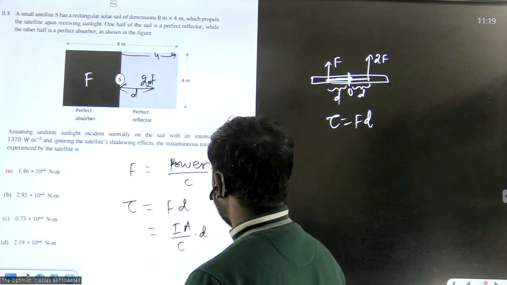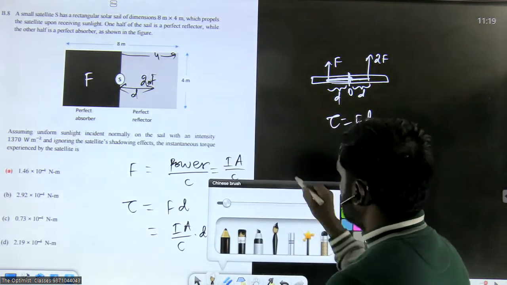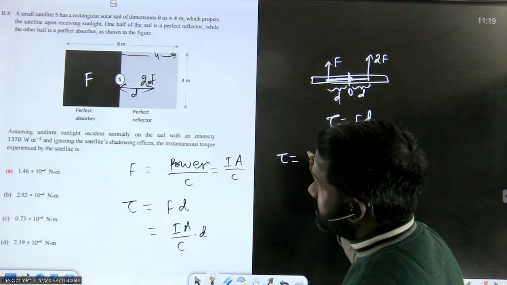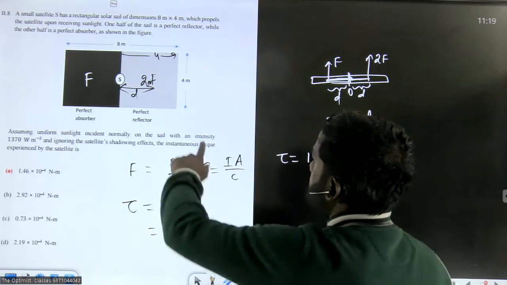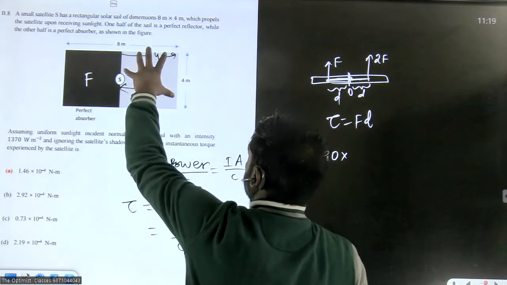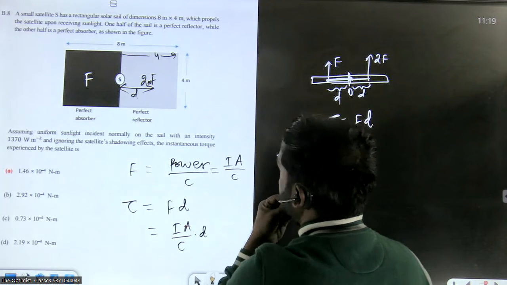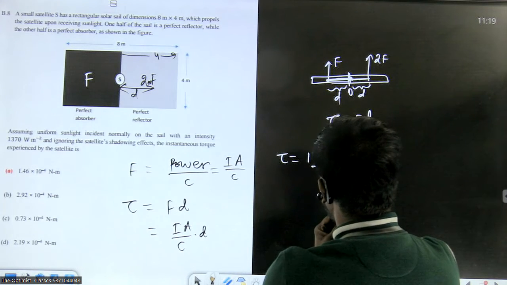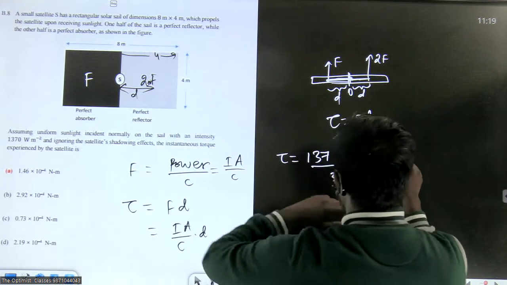So let's put in the values. The torque is equal to I, the intensity, which is 1370, and the area, which we are calculating individually for this portion and this portion, so the area is 16. C is 3 into 10 to the power 8, and d will be 2.